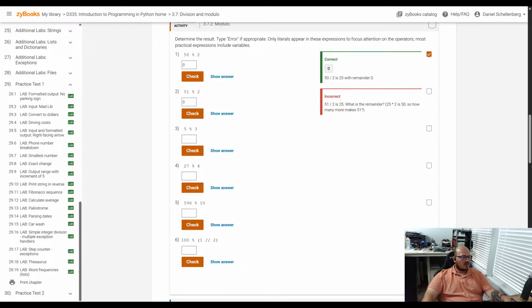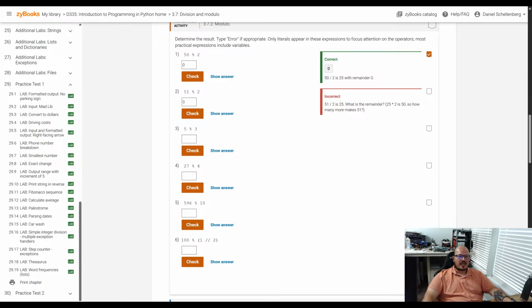51 divided by 2 is 25. What is the remainder? 25 times 2 is 50. So how many more makes 51? 1. Why is it so different? It feels very different.